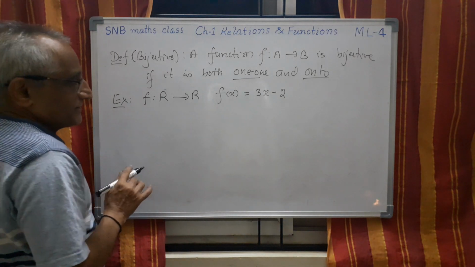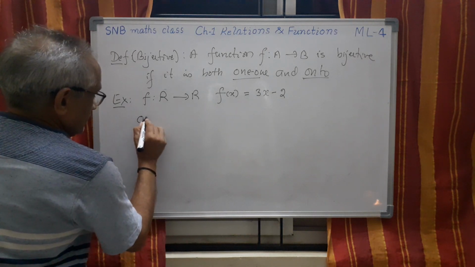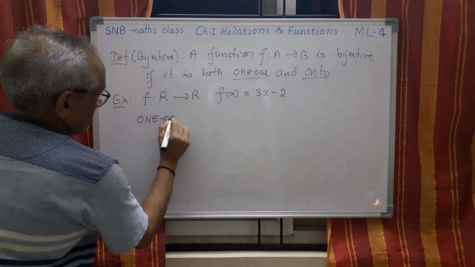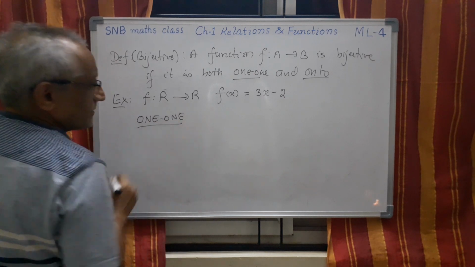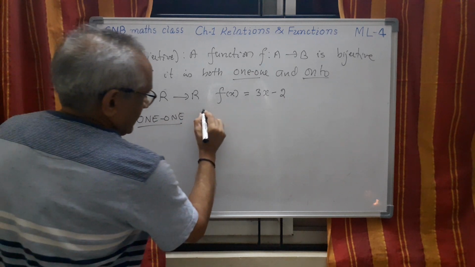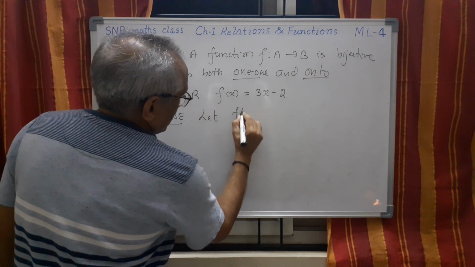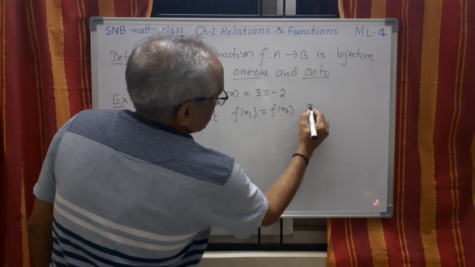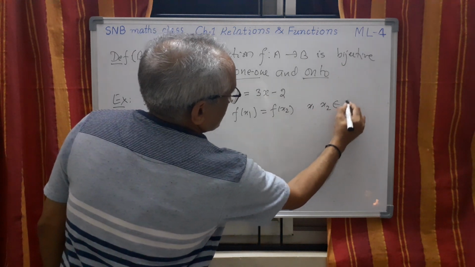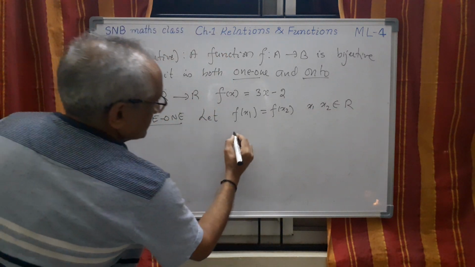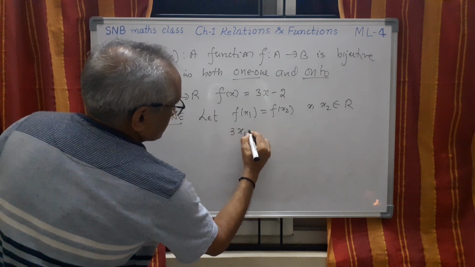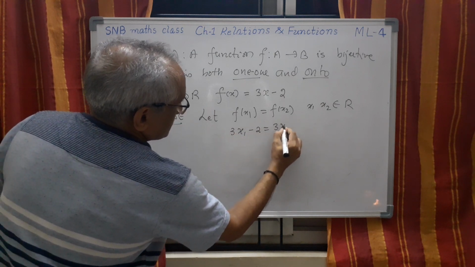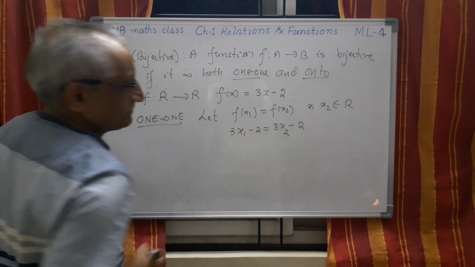How to prove it? First, let me check whether it is 1-1 or not. We know the procedure. Let f(x1) = f(x2), x1, x2 belonging to R. So this implies 3x1 - 2 = 3x2 - 2.